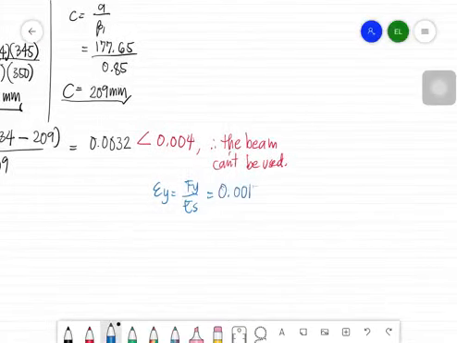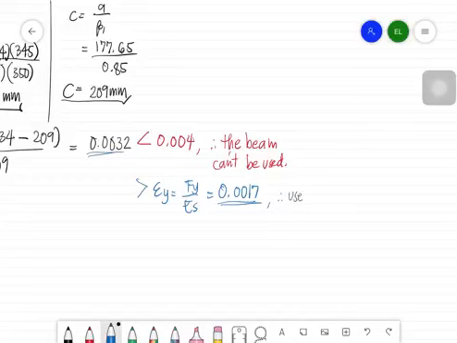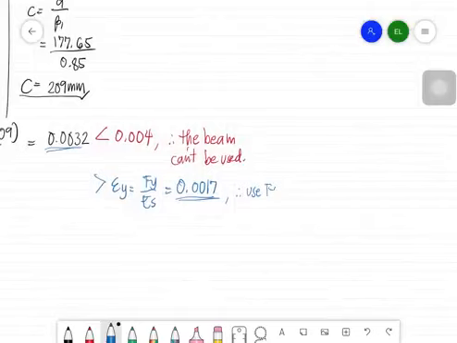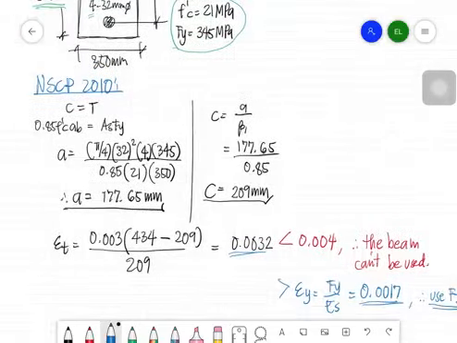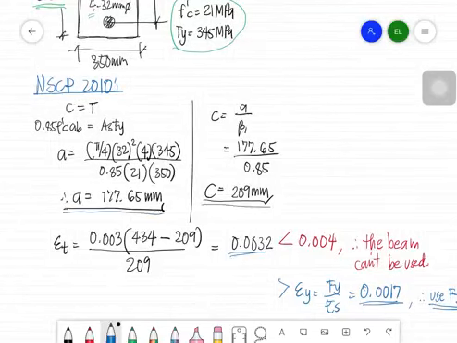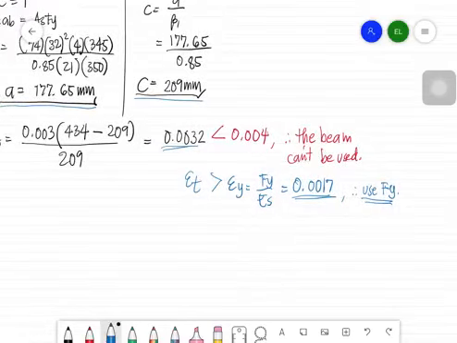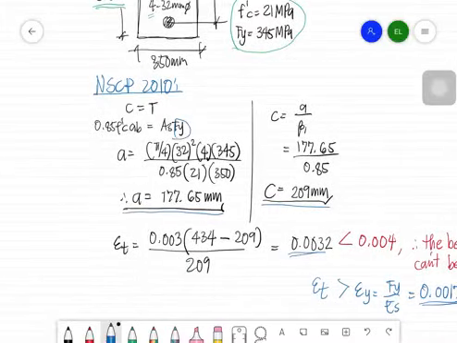And our strain T is greater than strain Y, so therefore it yielded. So we could use Fy, and therefore our assumption here, the value of A and the value of C, is valid. Since strain T is greater than strain Y, using Fy here is valid.